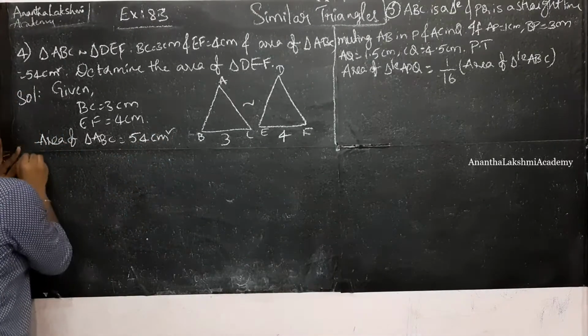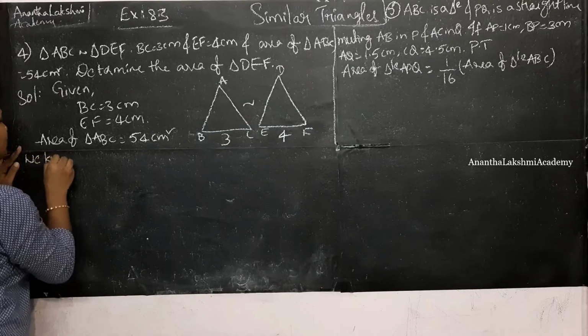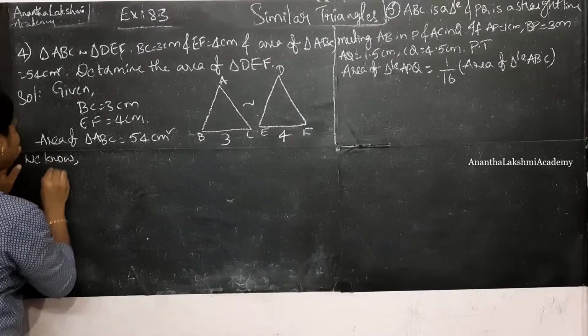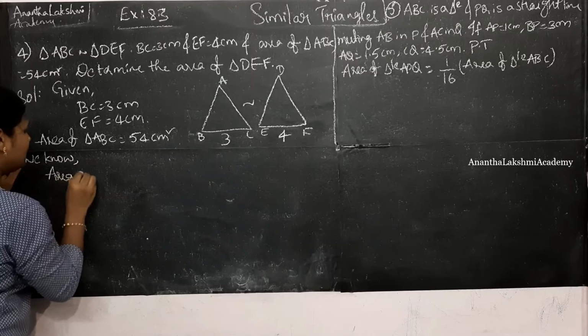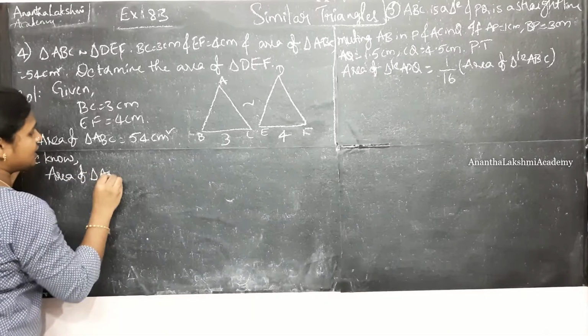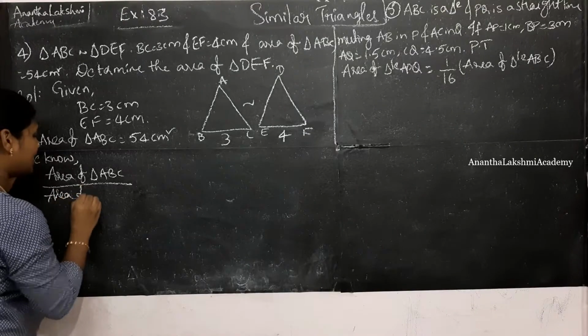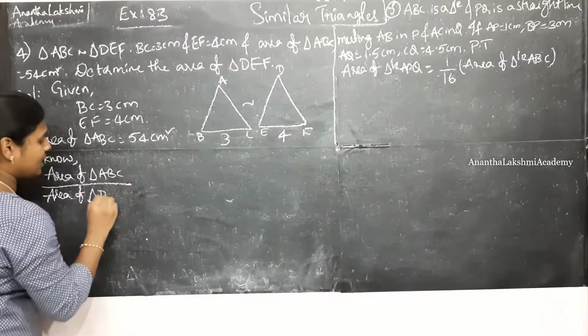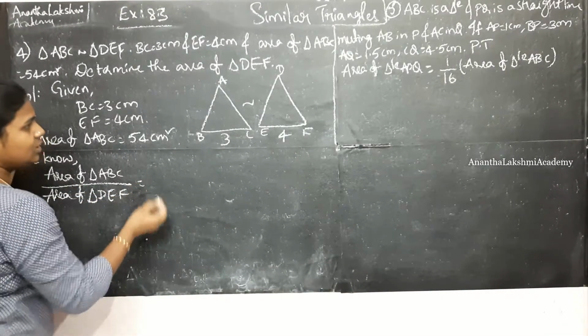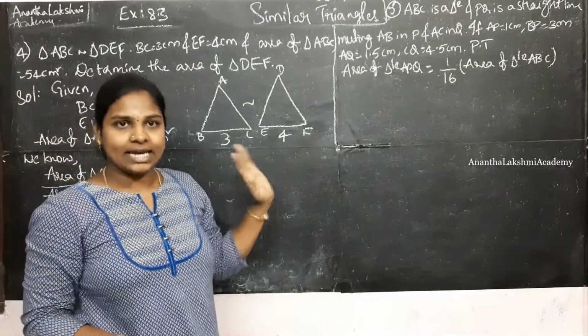Okay, now what do we know? We know a formula, right? Ratio of area of triangle ABC by area of triangle DEF is equal to any two sides corresponding ratio.